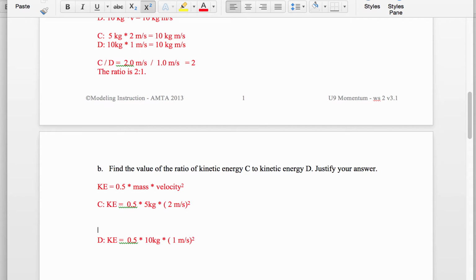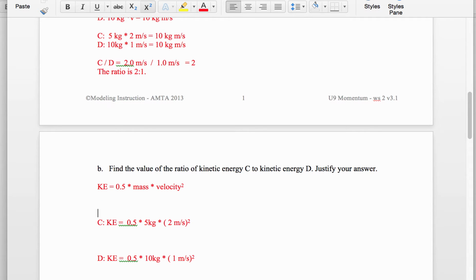So the first thing to do in our order of operations, we remember order of operations, PEMDAS, which means we do parentheses, then exponents, then multiplication, then addition, then subtraction.